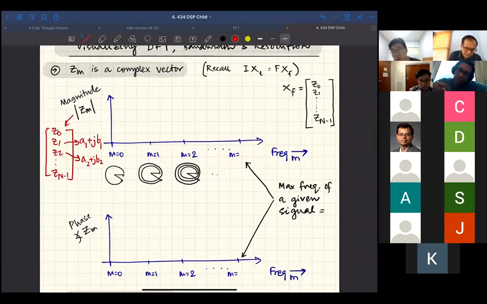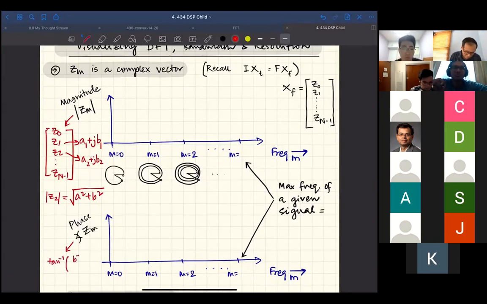The magnitude of Zm is the square root of a squared plus b squared. And the phase, or angle of Zm, is nothing but tan inverse of B2 by A2. This is the phase of Z2. All of you with me?